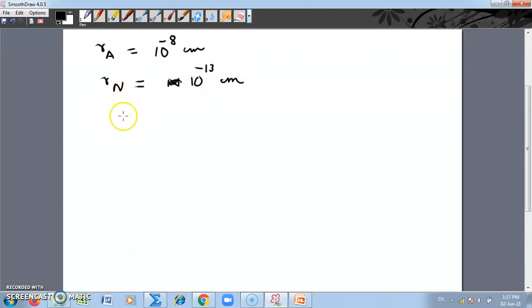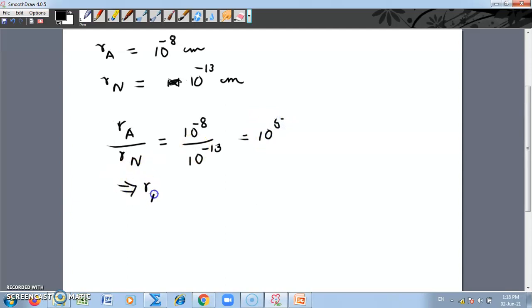So let's find the ratio. Radius of the atom divided by radius of the nucleus is how much? It's 10 to the power minus 8 divided by 10 to the power minus 13, which gives us 10 to the power 5. So you see, the radius of the atom is equal to 10 to the power 5 times the radius of the nucleus.